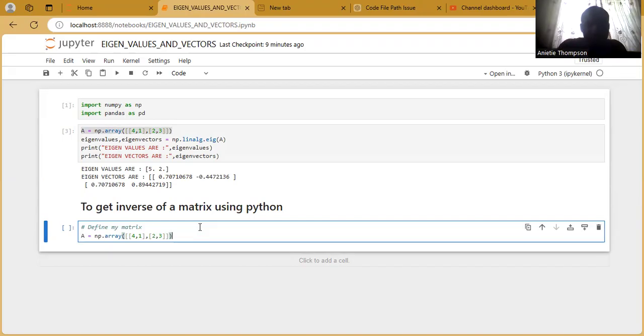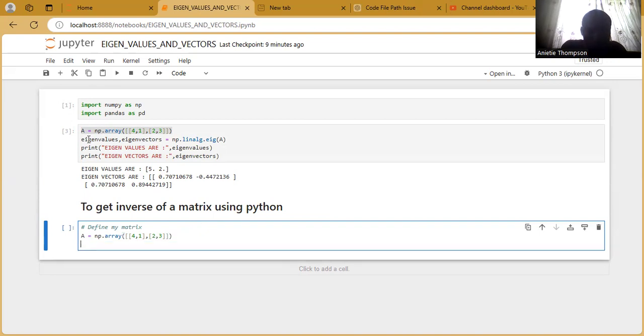The next thing I want to do here is to calculate the eigenvalues. We've done that already in the previous video, the previous example. So I'm going to copy this. Let me put in the comments.